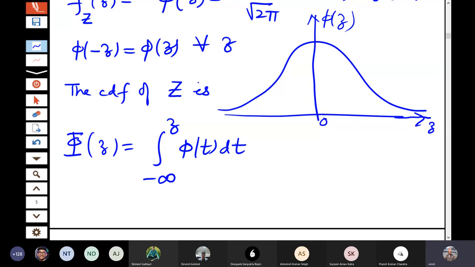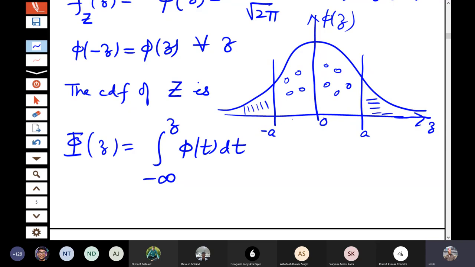Okay, this is the CDF of the standard normal distribution. Because of the symmetry, you can actually see some property also. Suppose I put this value as minus a, this is say plus a, then this probability is same as this probability. Or if you look at this probability, then this is same as this probability.